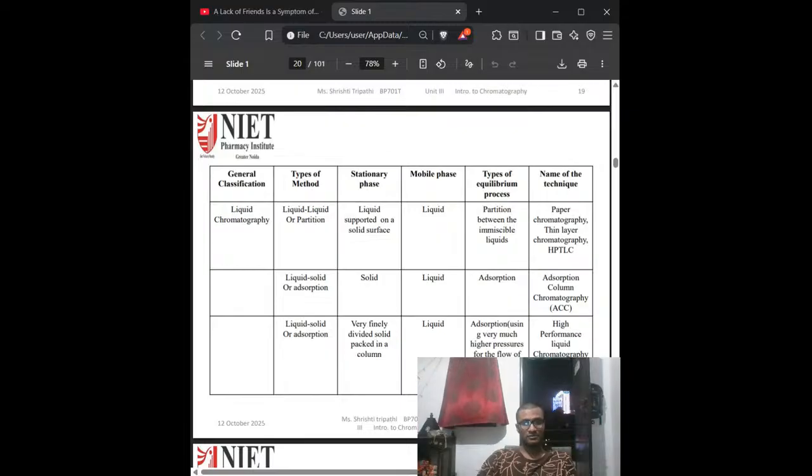Liquid solid, very finely divided solid packed in the column, so it is column chromatography. Then types of equilibrium process: partition between the immiscible liquids. Okay, adsorption.